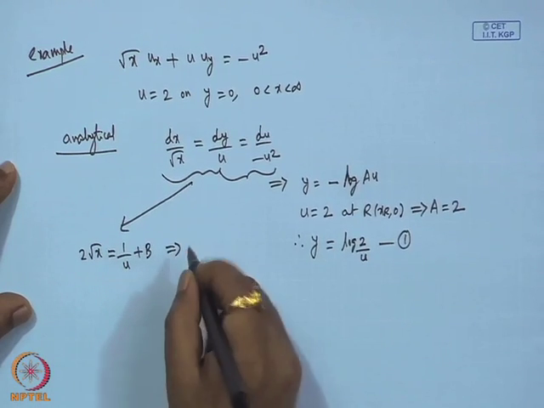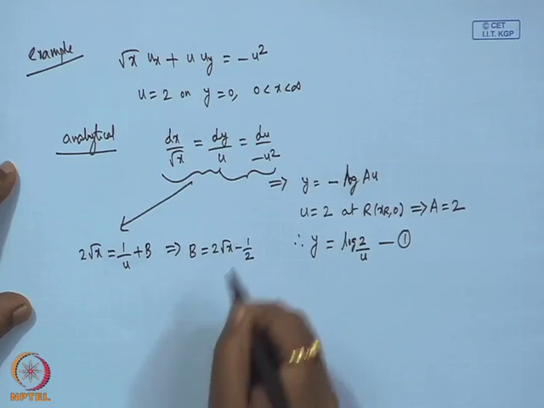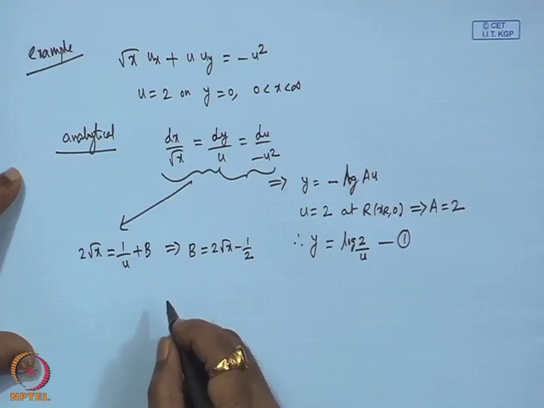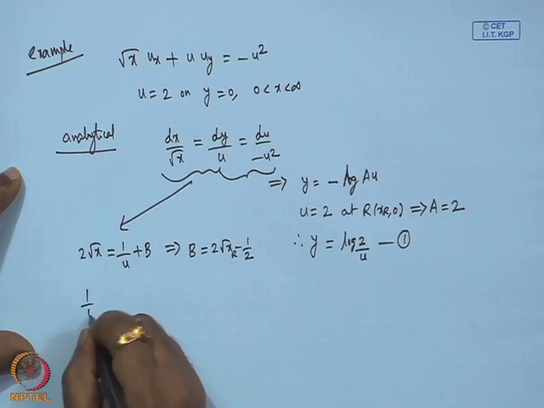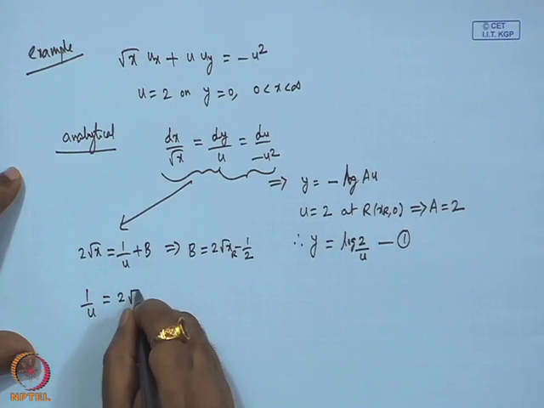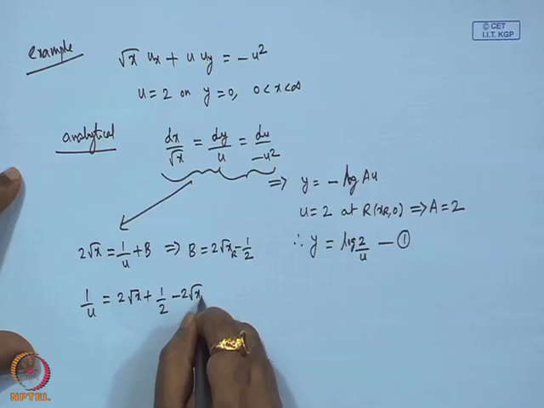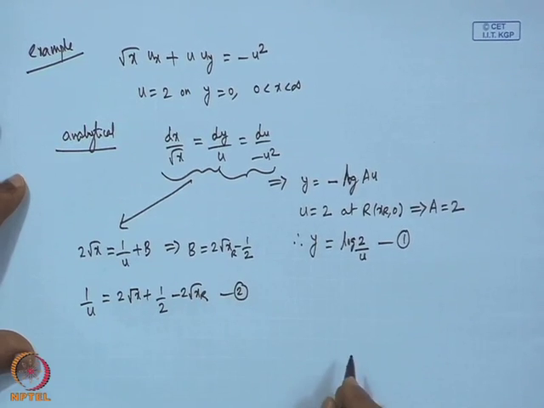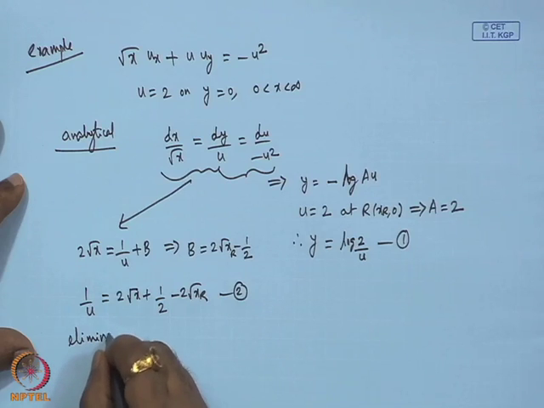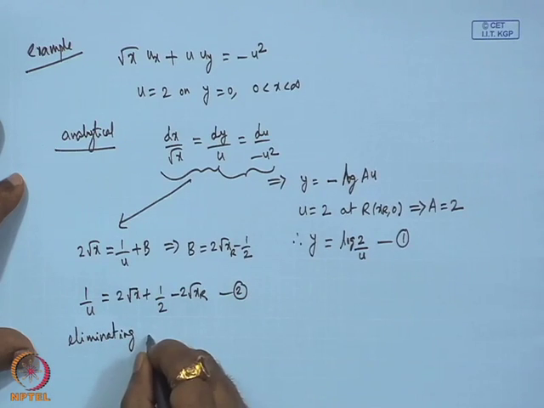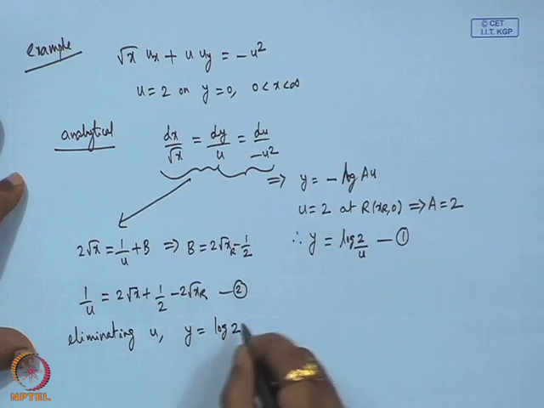and again we can eliminate. So, therefore, we have 1 by u is, right. Then eliminating u, we get log 2.